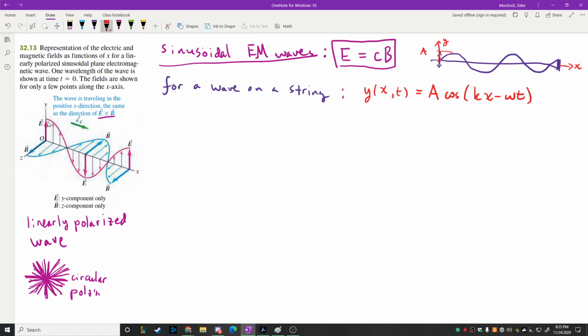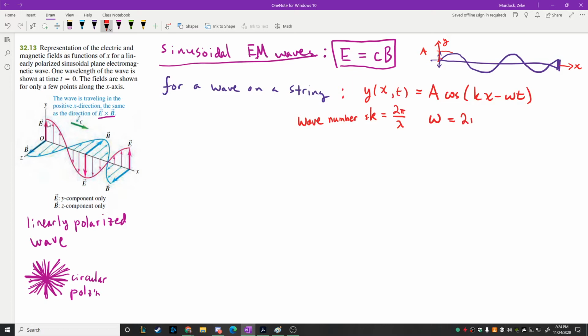These parameters that show up inside of here are k, which is what's called the wave number. It's equal to 2 pi divided by the wavelength. And omega is something that you're probably familiar with.